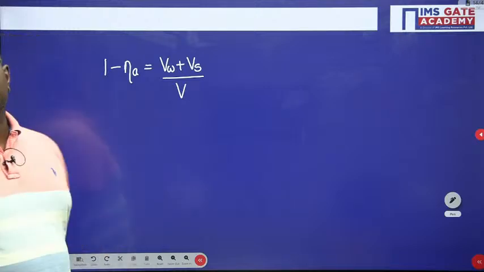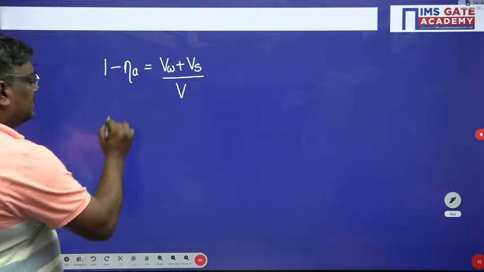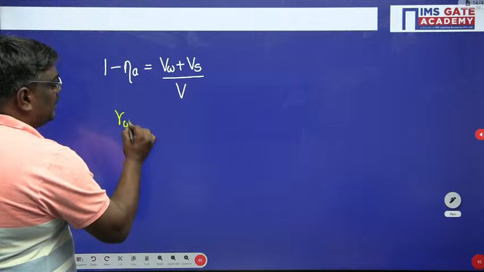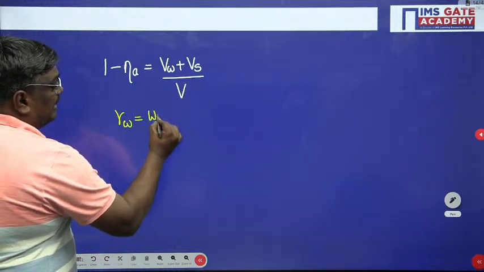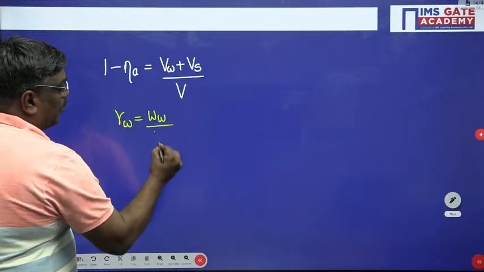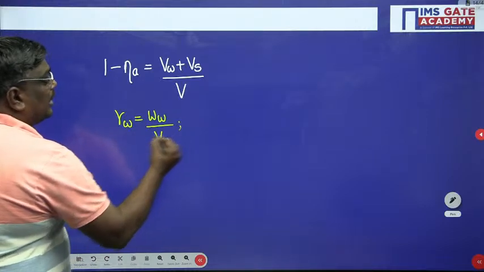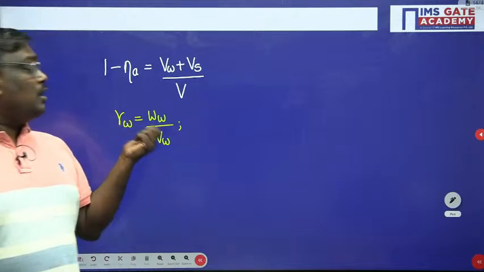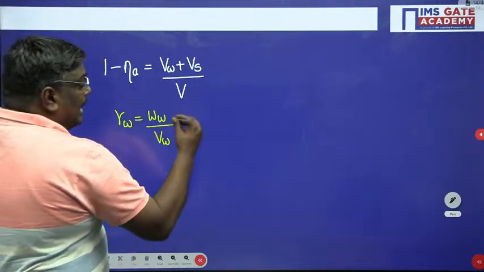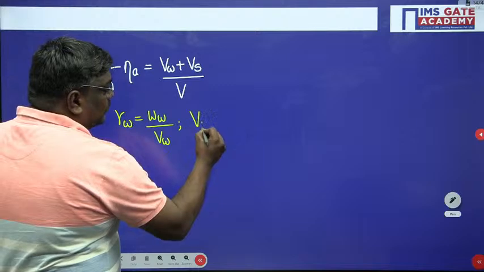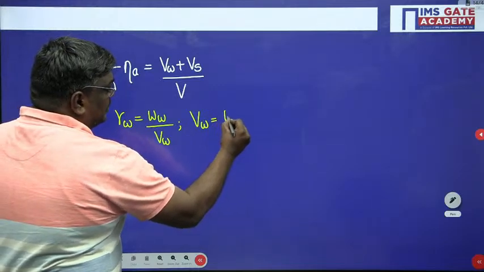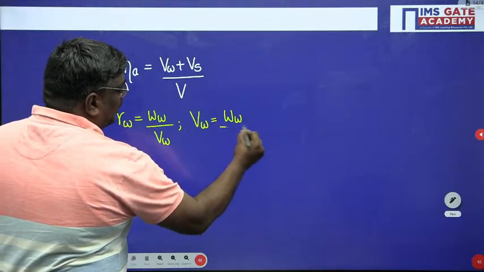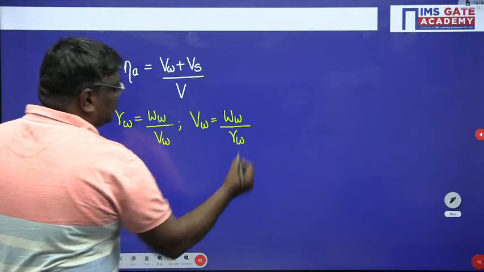Now, my dear students, you already know, gamma W, that is unit weight of water, is equal to weight of water by volume of water. As you are aware of this equation, and we have discussed it in the earlier equations also. Now, based on this, I can write volume of water as weight of water upon gamma W. Agree, my dear students?